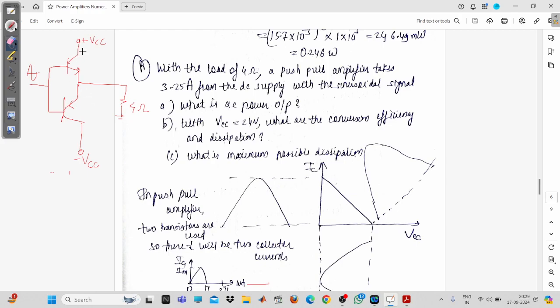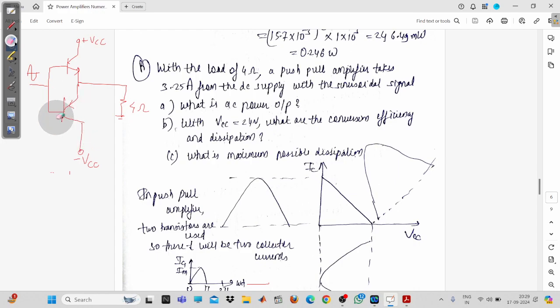So basically this is IC1 and this one is IC2. IC1 will have only a positive half, because this transistor is going to operate only for a positive half. You can see here, for the positive half, the base emitter of this one will be forward biased, and the base emitter of this one will be reverse biased.